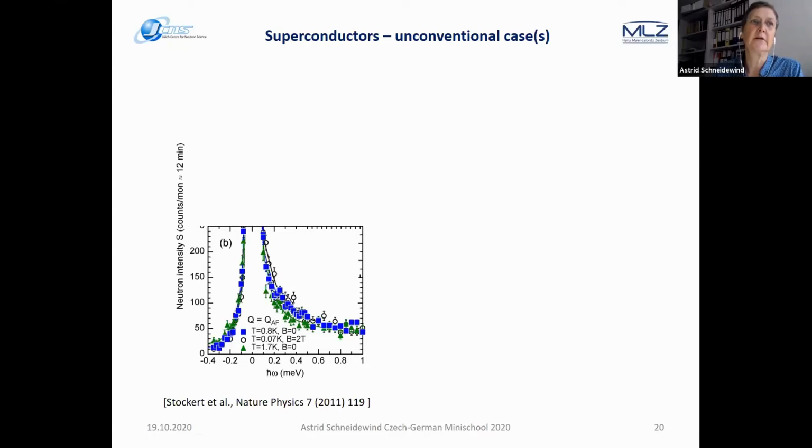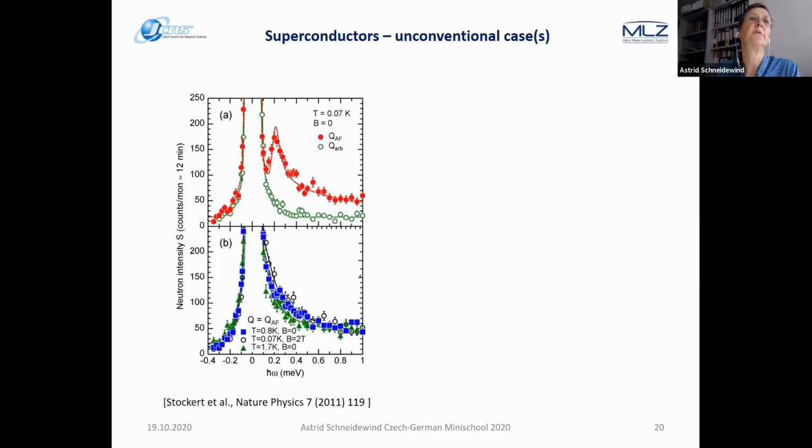We are in the non-ordered state now, but we choose just this position in Q where the ordering would occur if we ordered magnetically, and we have a quasi-elastic scattering here on the energy gain and loss side of the neutrons. And if we now cool down to the superconducting state, some intensity of this quasi-elastic scattering condenses into a pure inelastic peak.